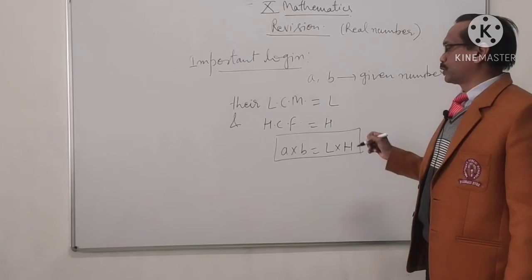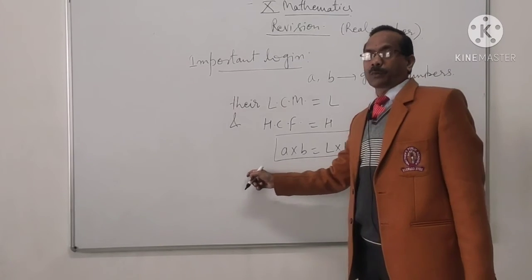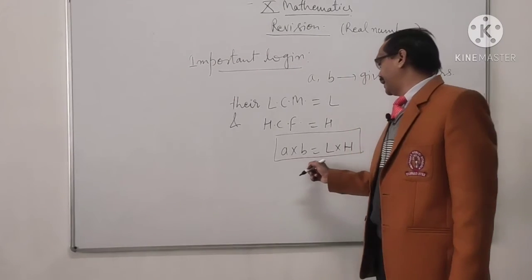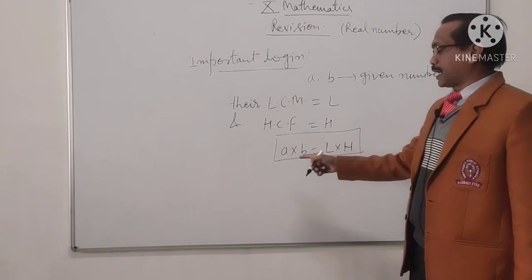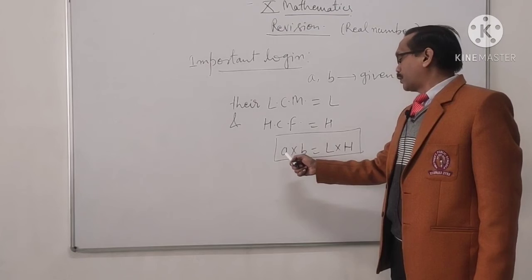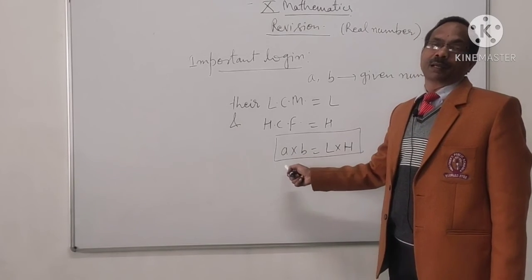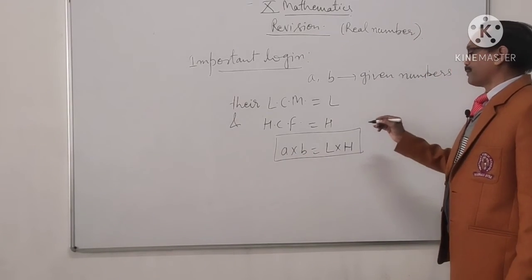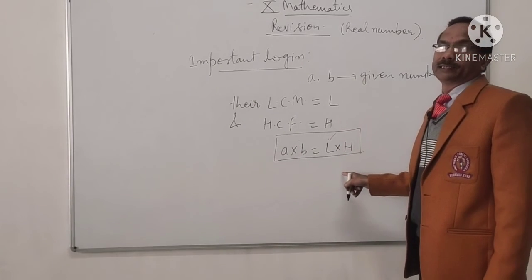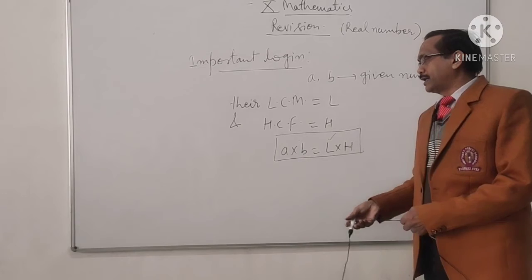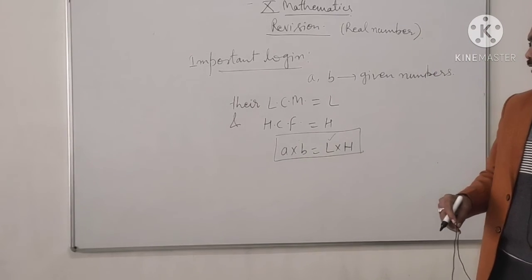It is valid for two numbers, right? There are four things. If three things are given, then we can find the fourth. Suppose the LCM and two numbers are given, then we can find the HCF. So this is an important formula.